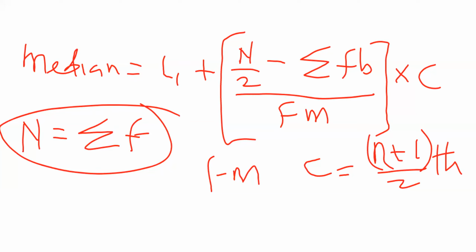Inside this 10, Abby? Do you agree? Sorry, can you say that again? I said n plus 1 over 2 is the median position. That n plus 1 over 2 means median position, the position where the variable will fall at the middle.